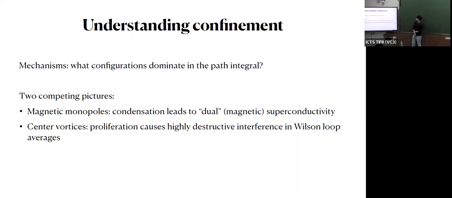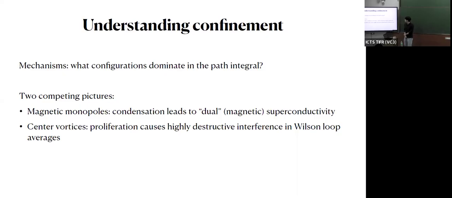The first I'll mention is magnetic monopoles. This is perhaps the most well-known one. The idea is that if magnetic monopoles condense, then you get a dual or magnetic version of superconductivity, and the vacuum becomes a dual superconductor causing electric flux to collimate.